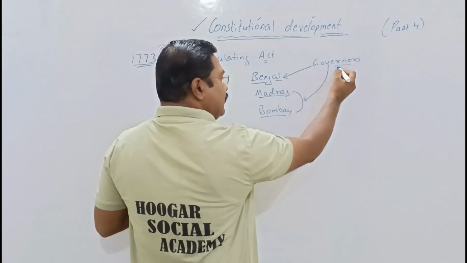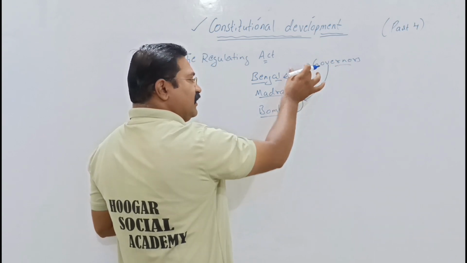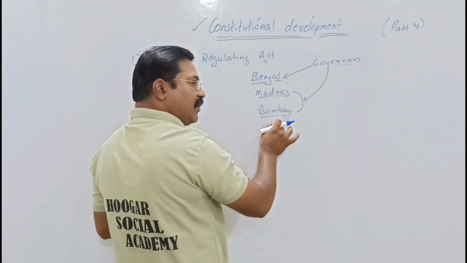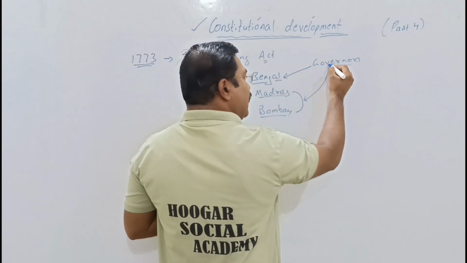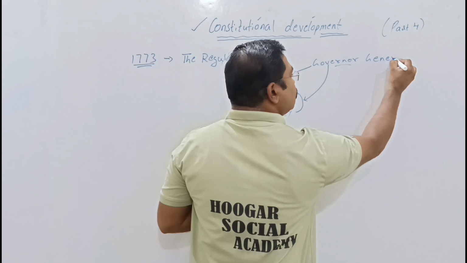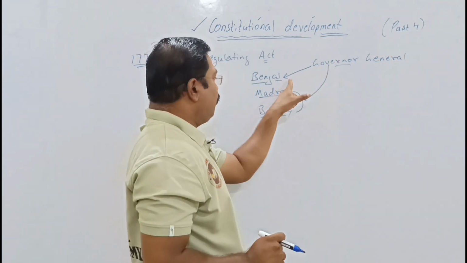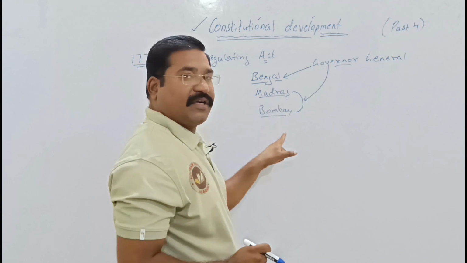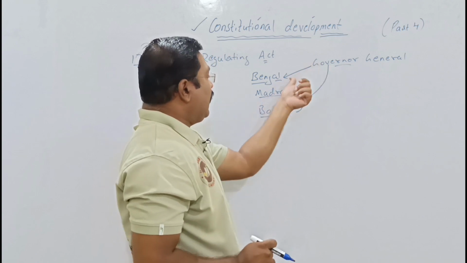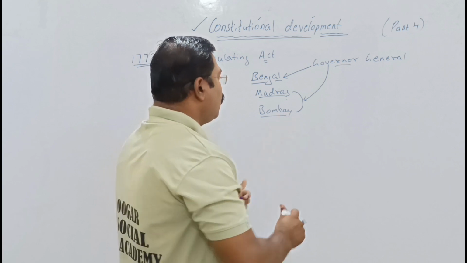This is the reason that when these two places were handed over to the governor of Bengal, he is now called the Governor General. Bengal, Madras, Bombay had three different governors. Now the Bengal governor was given authority over Madras as well as Bombay.